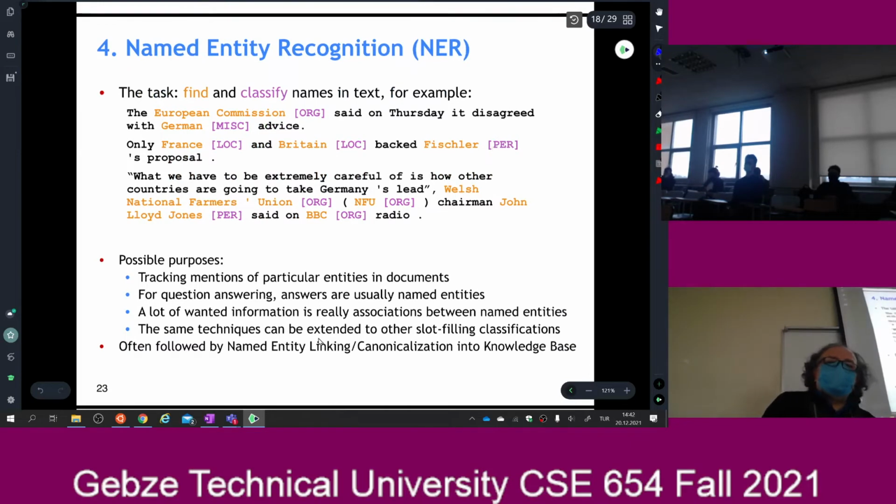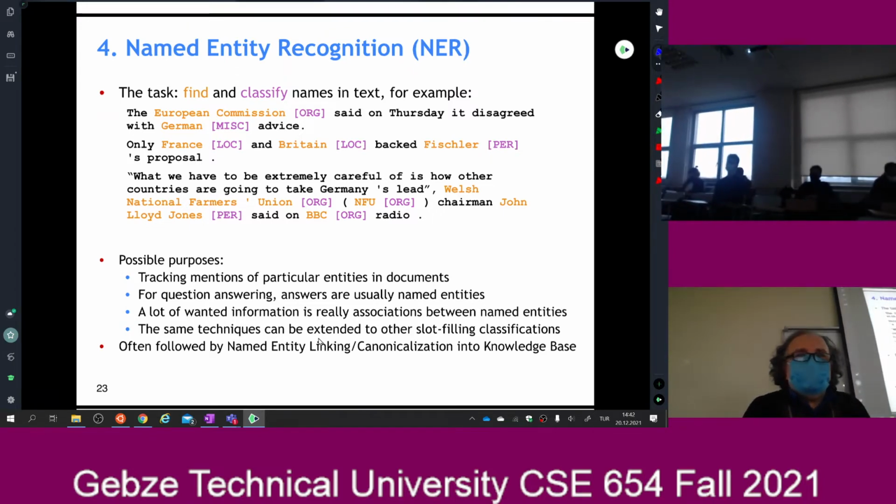So let's go back to our original problem of natural language processing and named entity recognition. That's what we are going to do right now with this new technique of machine learning and neural networks. Named entity recognition, I think I talked about this before, is trying to find and classify names in the text.